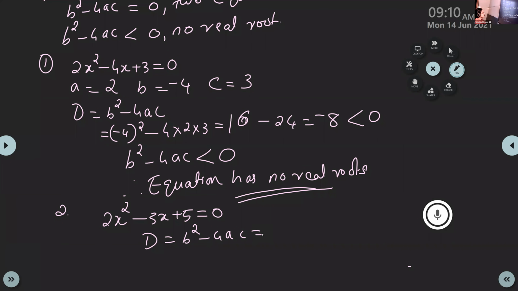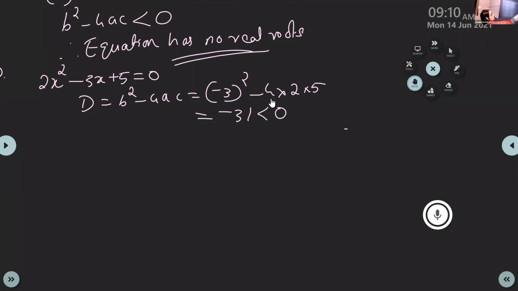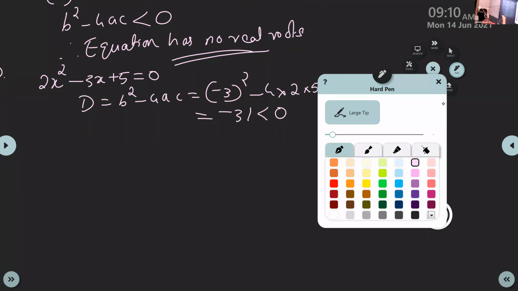B square minus 4ac is equal to what? (-3) whole square minus 4 into 2 into 5 equal to how much? Negative 31, isn't it? So which is less than 0. The equation has no real roots.